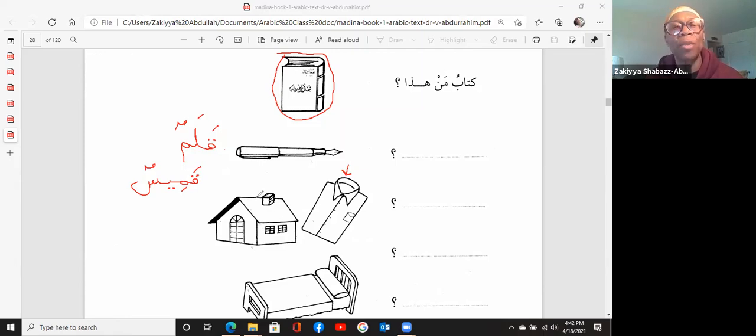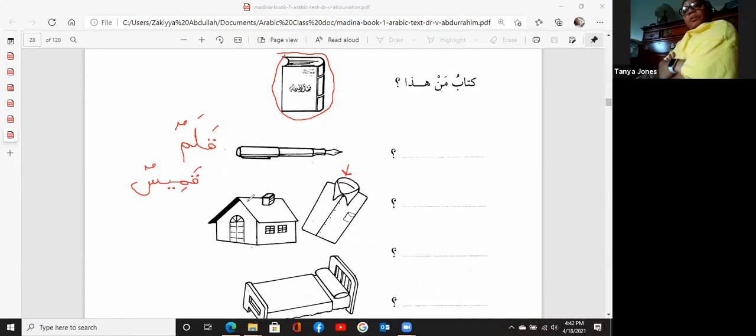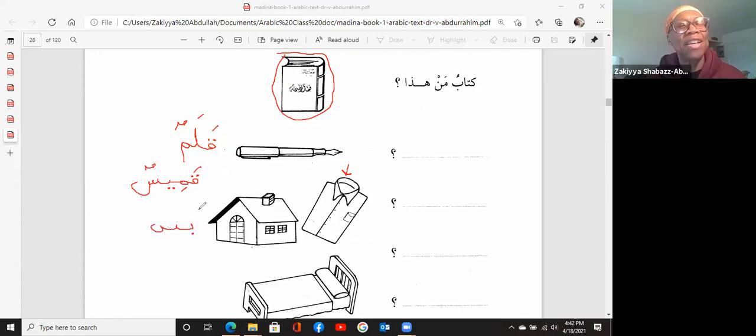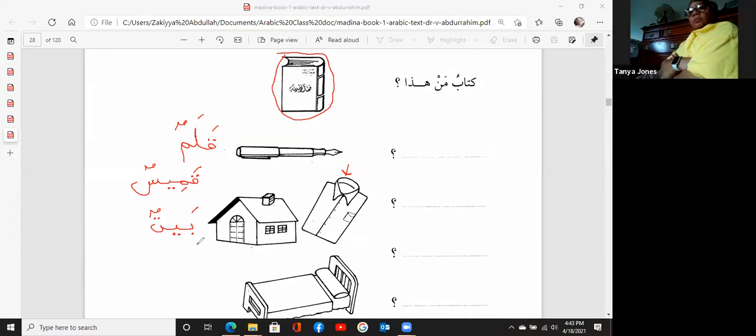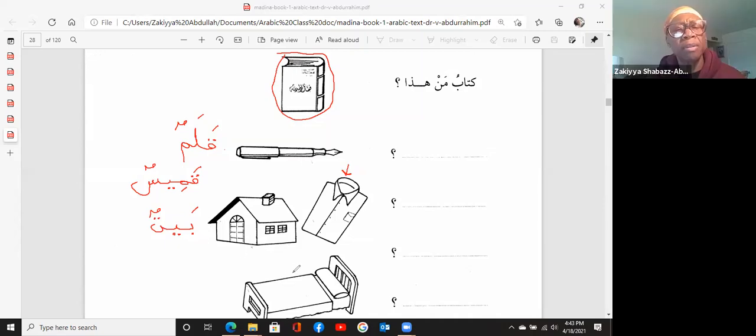So this is the picture of what here? Baytun. Baytun, house. Hada Baytun. Yes, there you go. I say Ma Heather, and you say what? Hada Baytun. And the last one that you can barely see, picture of what?